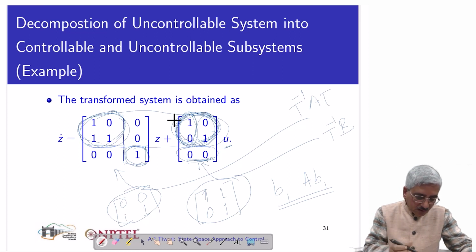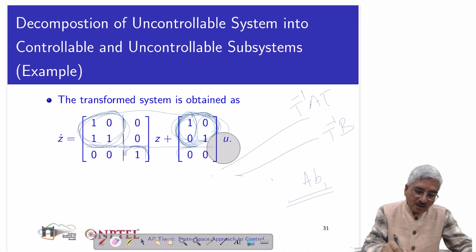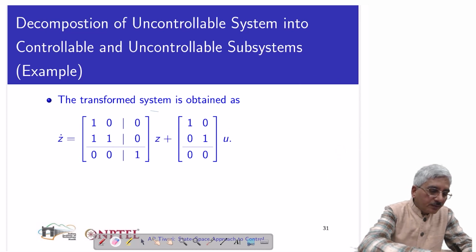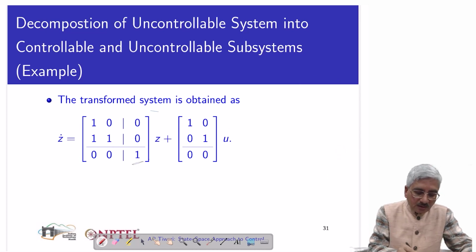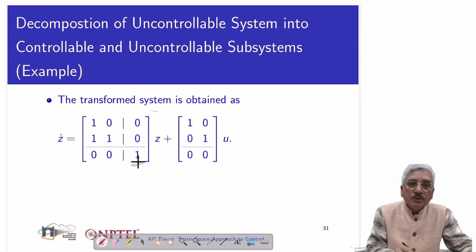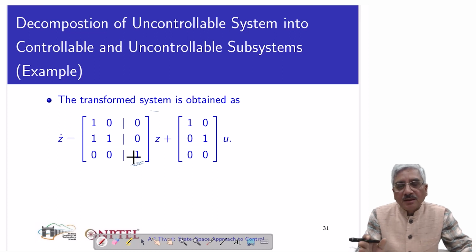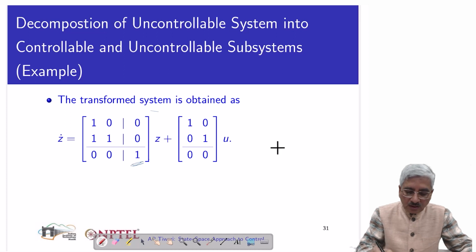In this particular case, of course, we see that the uncontrollable dynamics is unstable, because we can note here that the eigenvalue of A bar UU is 1, and 1 means the real part is positive and not negative. So it will grow like e power t.